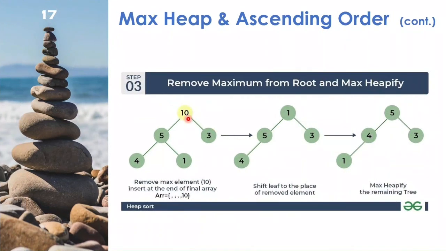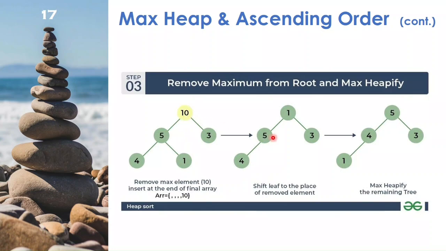And then what we're going to do is remove 10. After 10 is removed, that's the final element of the array, right? And then we're going to be left with this tree, which nullifies the property. Look, 10 is removed to the end of the sorted array. So that's the final element, and then the other elements will join it, and then we're going to have a final sorted array in our hands, right?